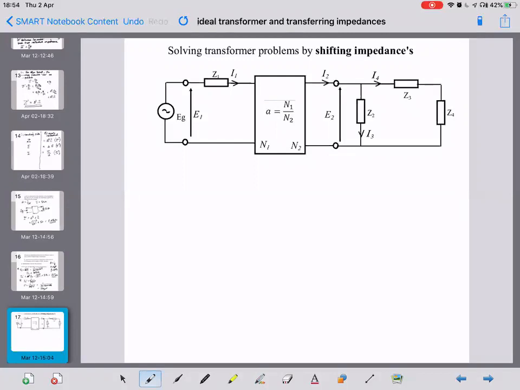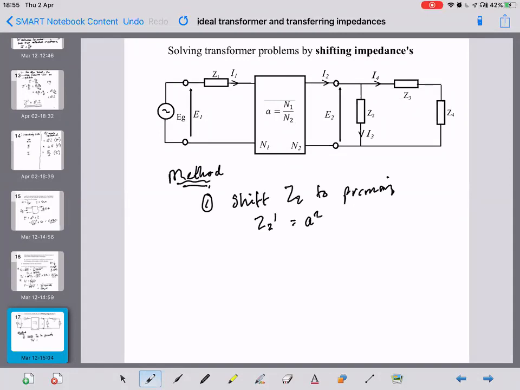Here's a method to solve that for any unknowns. One, shift Z2 to primary, where Z2 dash is equal to A squared Z2.